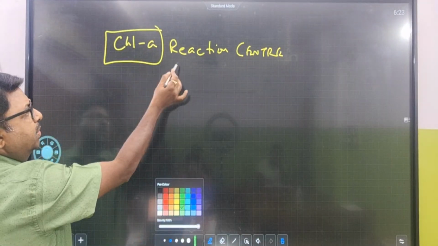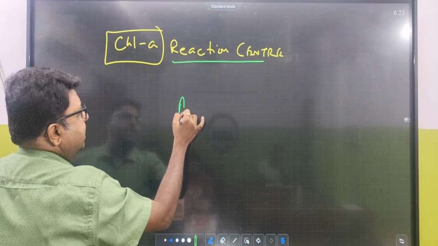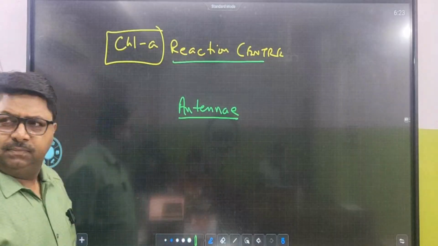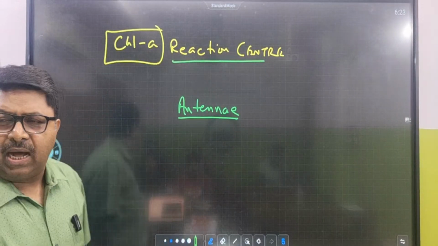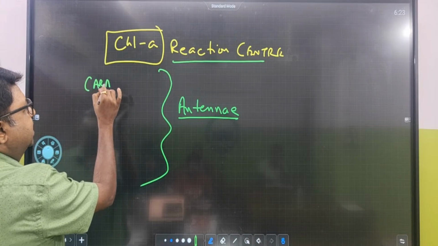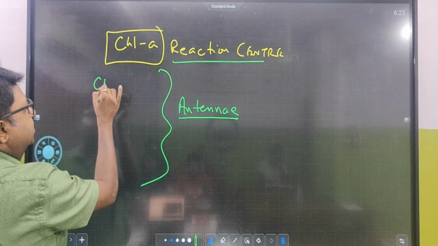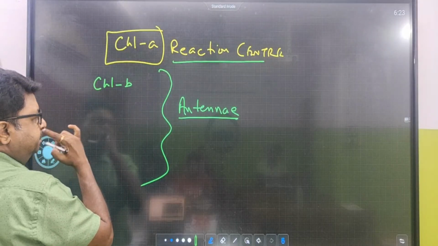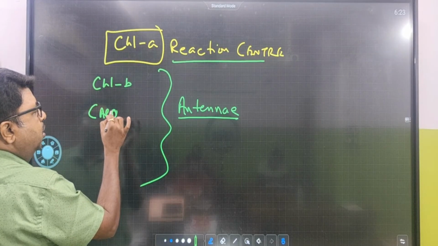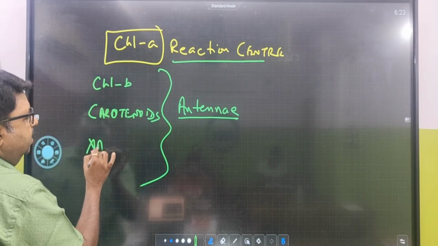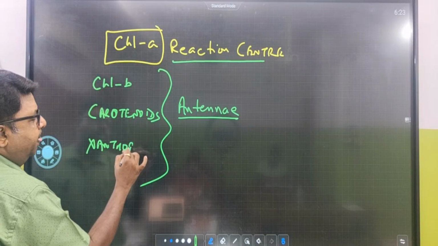Along with the reaction center, there are some other components which we call antenna. There are three of them which help in making the antenna. Chlorophyll B acts as antenna. Carotenoids act as antenna. The next one is xanthophylls.